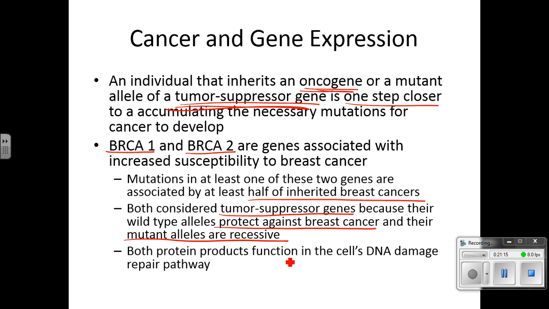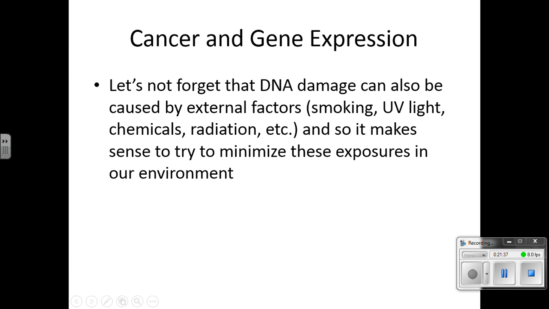Both protein products function in the cell's DNA damage repair pathway. So when your DNA is damaged, it's normally repaired, but these have a mutation, so it's not being repaired. And that's what's so damaging about it. All that DNA damage is accumulating even quicker because it's not being repaired.